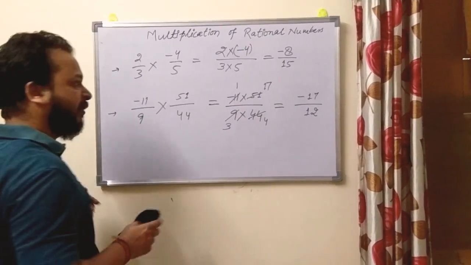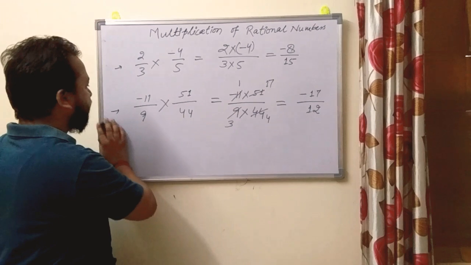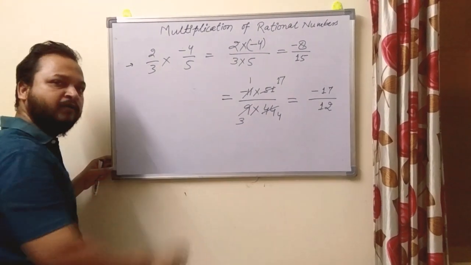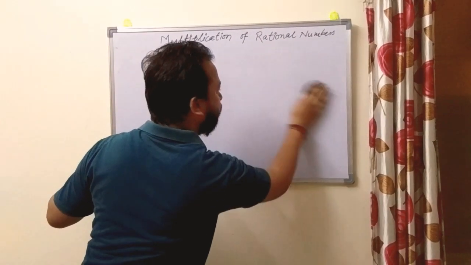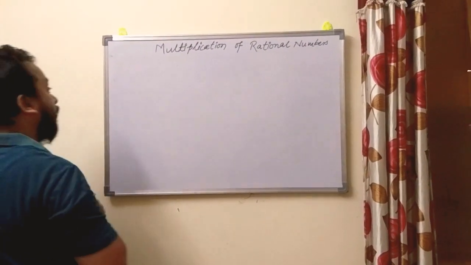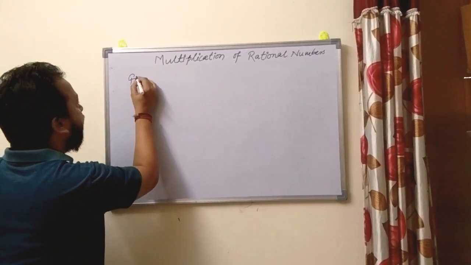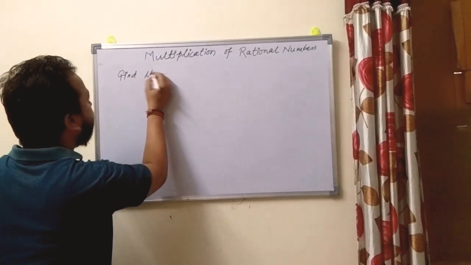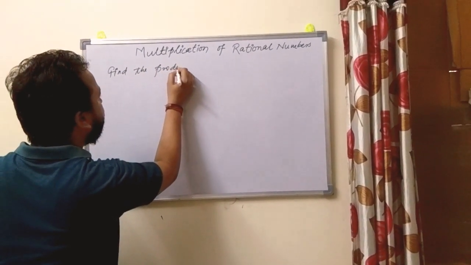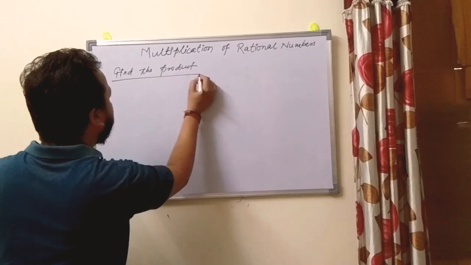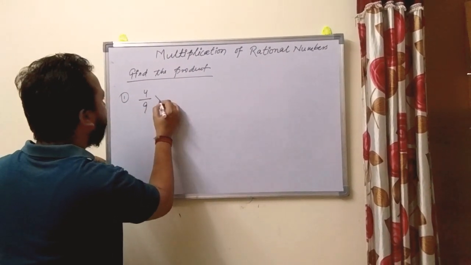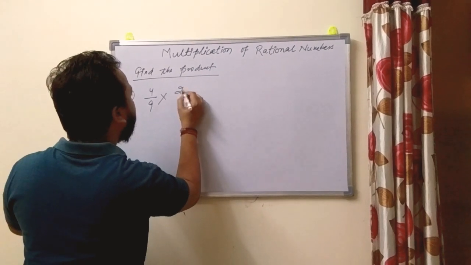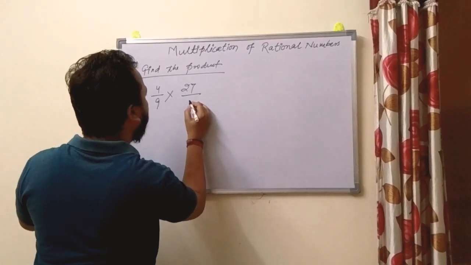So I'm giving you some questions to practice. Find the product. First one is 4 by 9 multiplied by 27 upon 8.